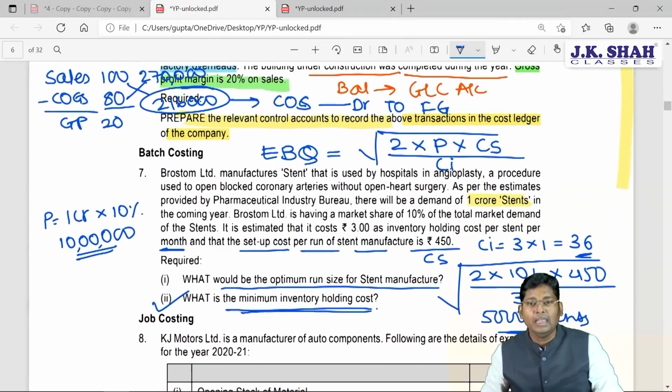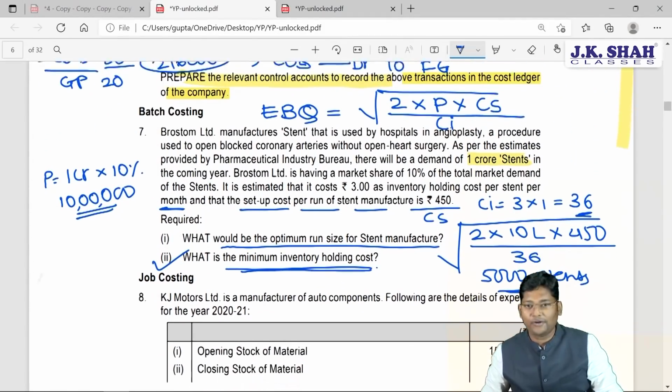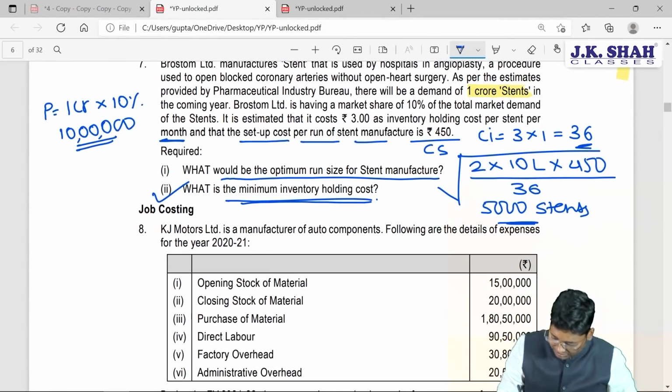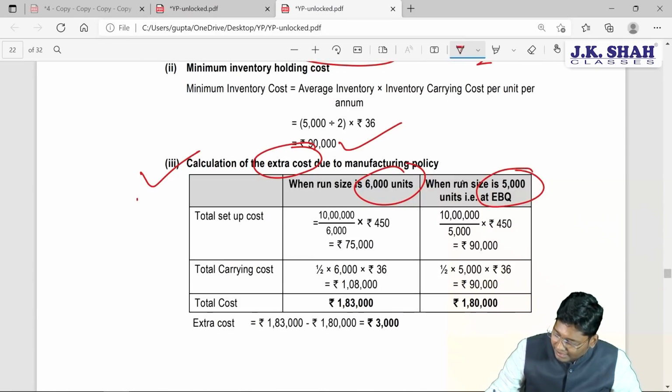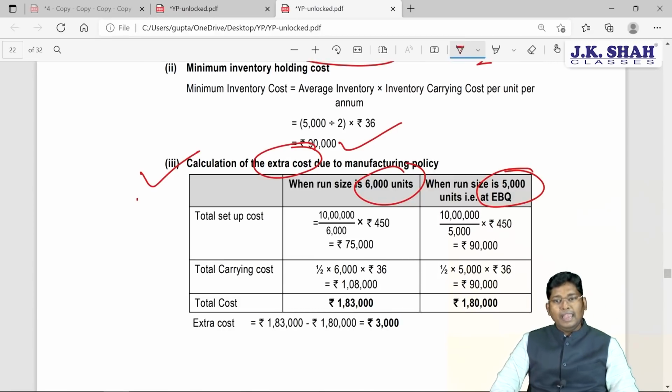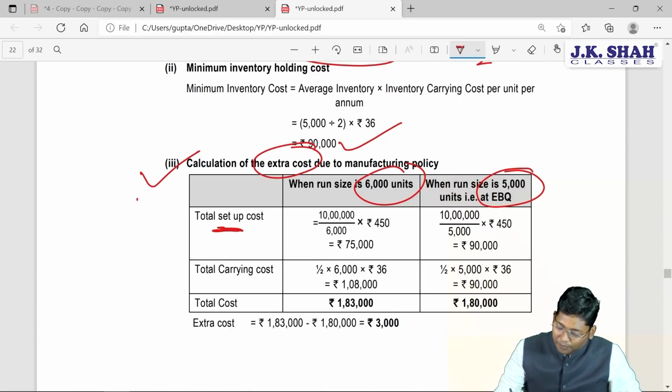Suppose point number 3 says if the current run size is 6000 stents and the computed run size is 5000 stents. In this case, if you want to calculate setup cost, your setup cost is annual production divided by quantity multiplied by setup cost. My annual production is 10 lakhs. Yes, it should be divided by the required quantity or per batch quantity.